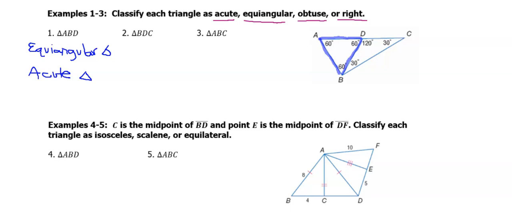Then we're moving on to 2, and we're looking at BDC. BDC is this triangle way over here on the right. And immediately I see the 120 degrees up there in the top corner, which indicates that this will be an obtuse triangle.